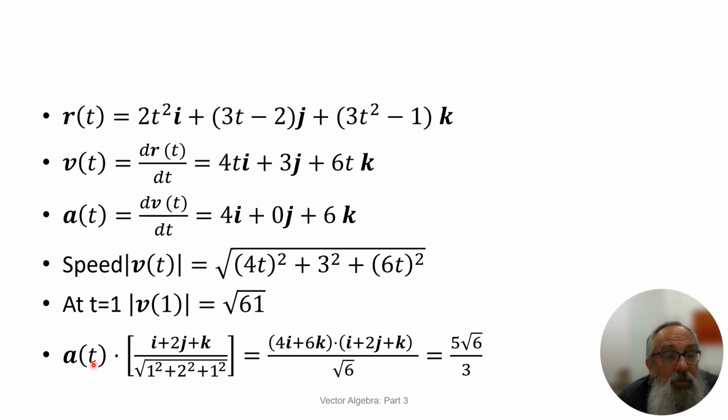So we dot those two vectors, divide by root 6, and this number, 5 root 6 over 3, is the component of the acceleration in the direction of i plus 2j plus k at any time, because there's no time expression in this. Okay, so a simple example, which I hope was in a context you'll understand, of vector calculus, or calculus in terms of vectors.